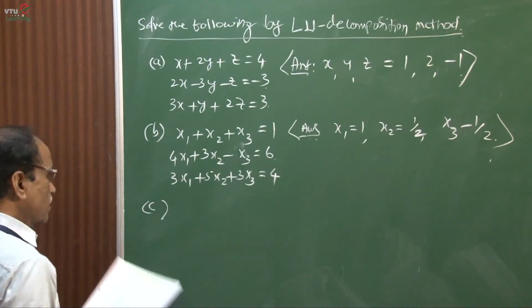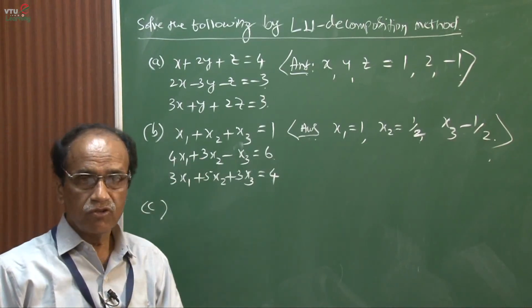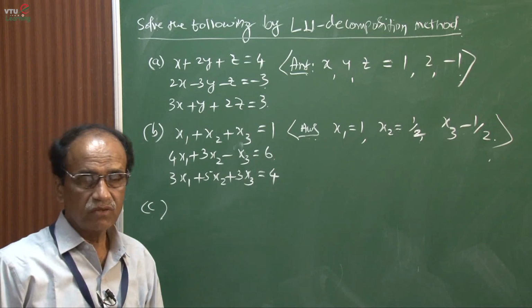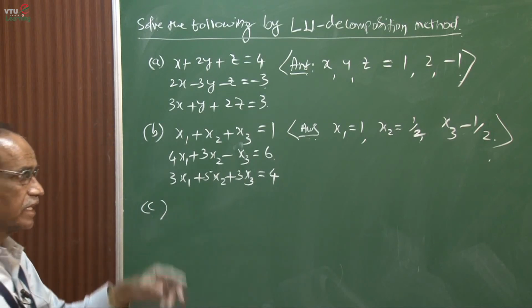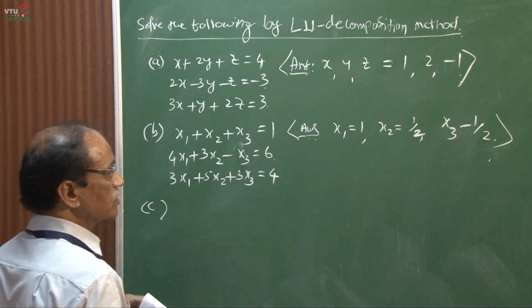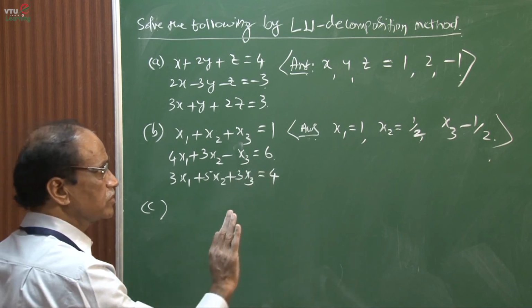One sample I will give for 4 unknowns in the same procedure. One more variable I will add, but instead of 3 you have to make it 4 columns and 4 rows.